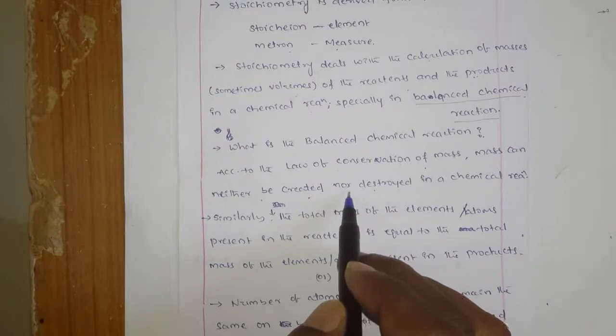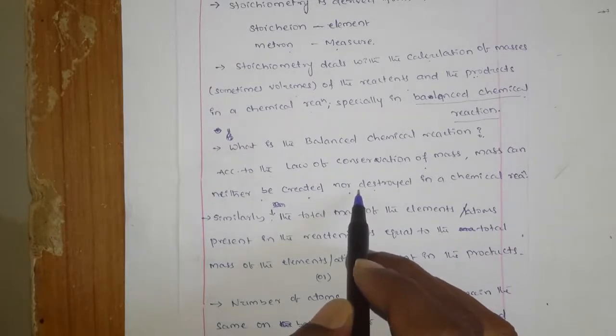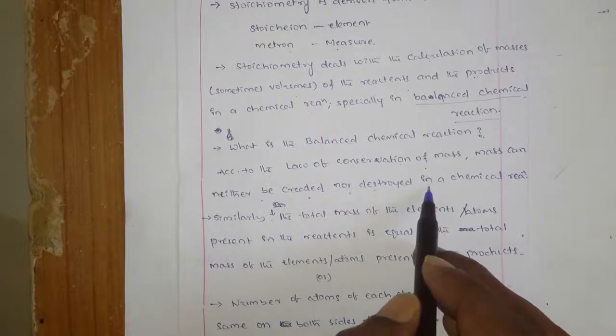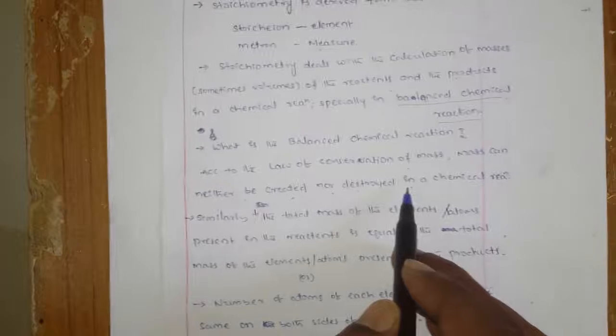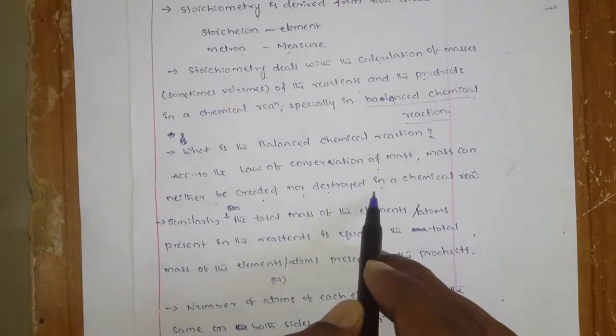But it can change from one phase to another. So in a chemical reaction, the reactants convert into the products. That means mass only changes form; it is not created or destroyed, right?